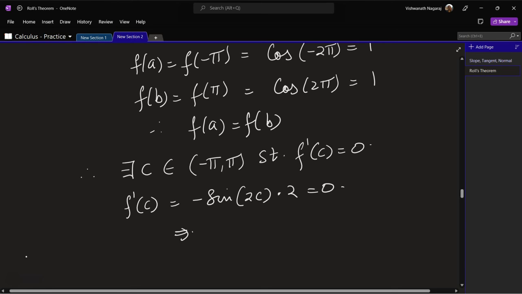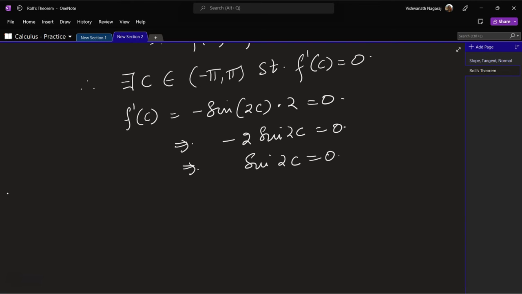So which implies minus 2 sine 2c equal to 0, which implies sine 2c equal to 0. Now this is the tricky part. When is sine 2c equal to 0? You can try to figure out when 2c is equal to. So when is it 0? It is 0 when the angle is 0, right?